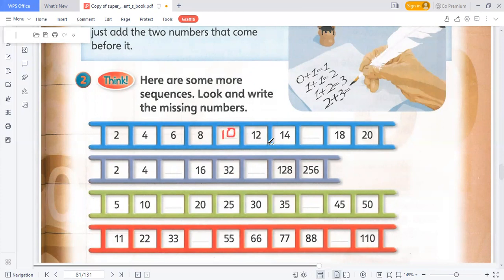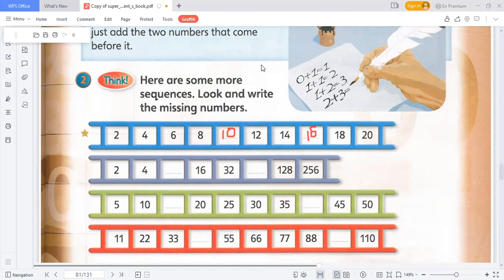Next. After 10, that's 12, 14, and then 16. Very good. Sorry for this. Okay, that's 16. Very good. All right, so for that, I'll give you 1 star.